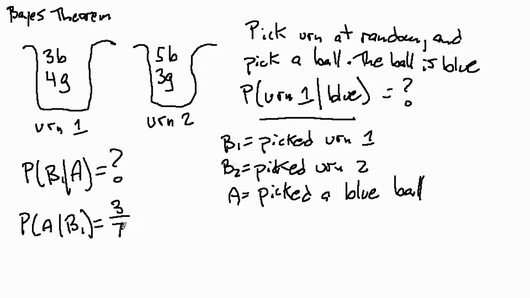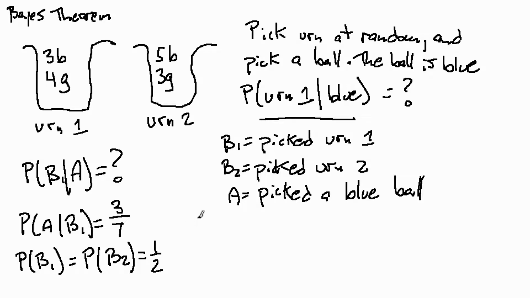That was easy. Then we're told we have 2 urns and we're picking them randomly. So we know that the probability of B1 is equal to the probability of B2, and that's equal to 1/2.